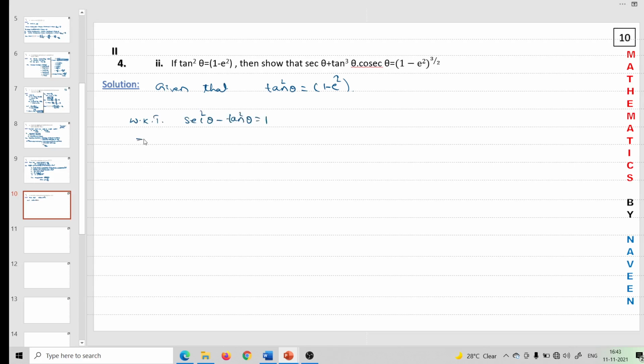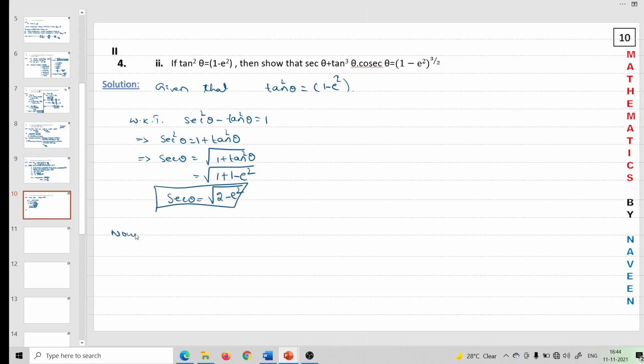So from this, secant square theta can be written as 1 plus tan square theta. Clear? That implies secant theta can be written as square root of 1 plus tan square theta, which is equals to square root of 1 plus 1 minus e square, that is square root of 2 minus e square. This one is the secant theta value.